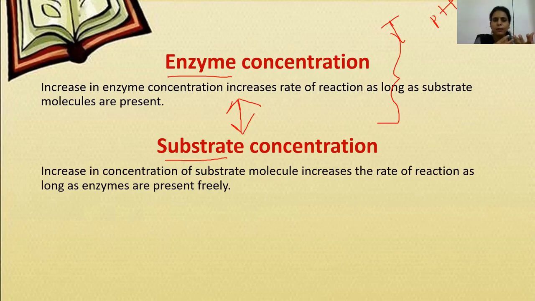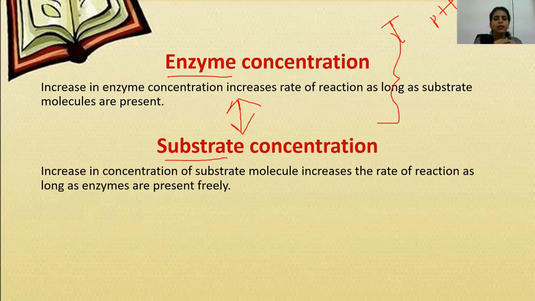More and more enzymes are present, so they will work very fast and make products out of every substrate molecule immediately. But in the later stages, enzymes are present but the concentration of substrate molecule is less. Hence, this becomes the limiting factor.